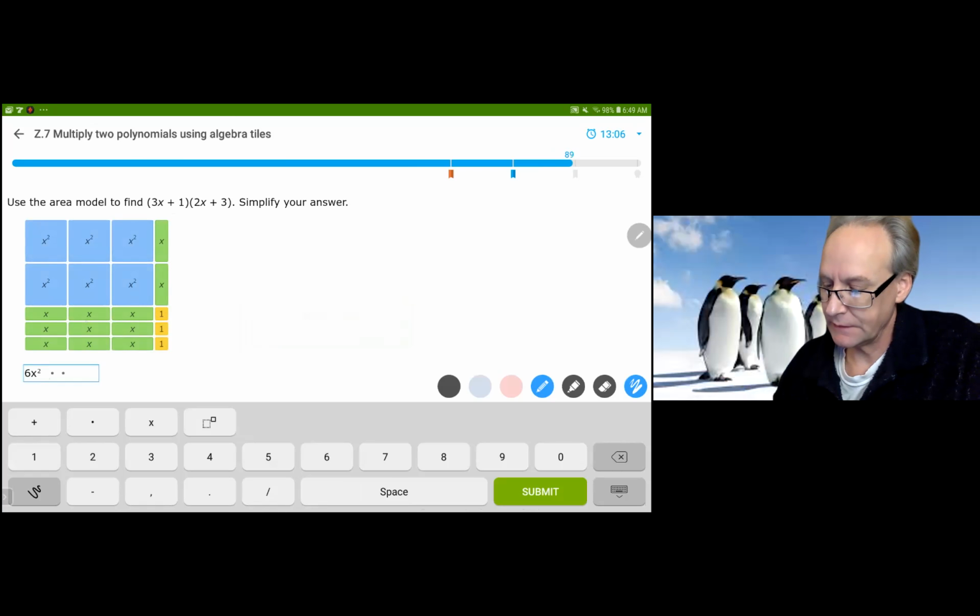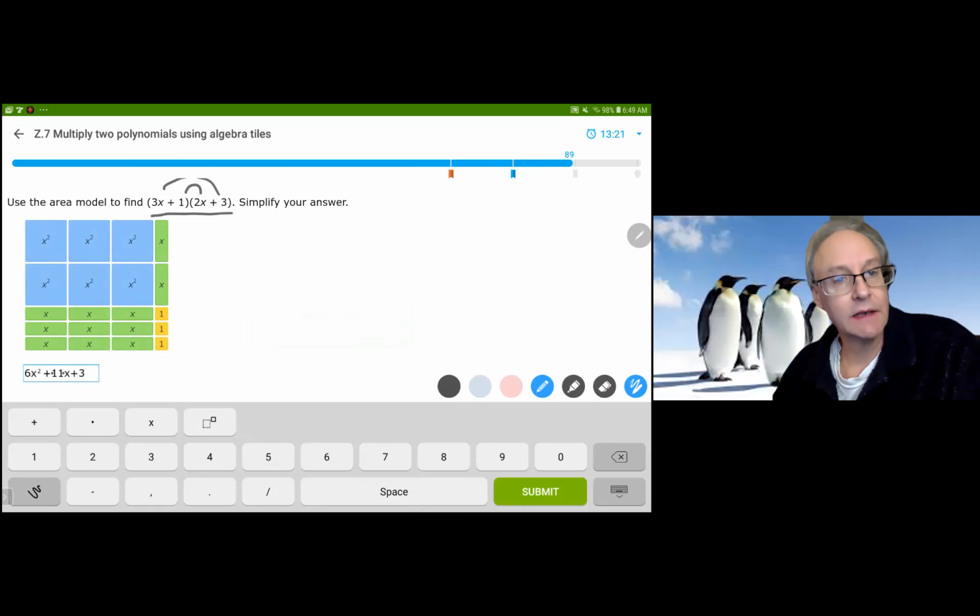Plus there's 9 down here, and 2 more makes 11. Plus 11x. And then we got plus 3. And it's a good idea to check it. 2 and 9 makes 11. I always add those in my head. And the 2x times the 3x is 6x squared, and so on.